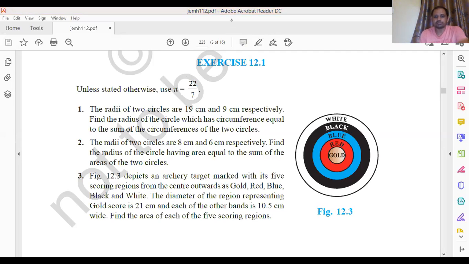If you solve this one, in this case, the radii are 6 centimeter and 8 centimeter.